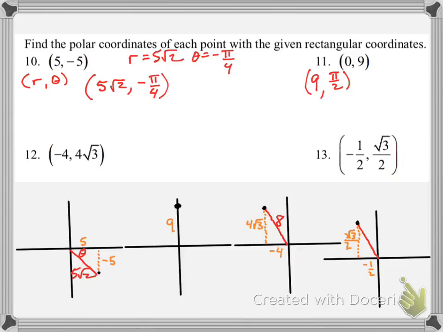All right, so the radius is 8, and the angle here, well, this is a 60-degree angle, which means from here to here is 120, and that puts us at 2 pi/3 for this.